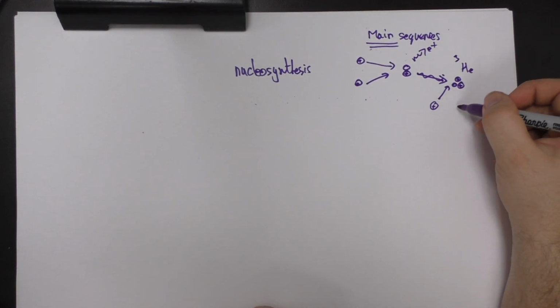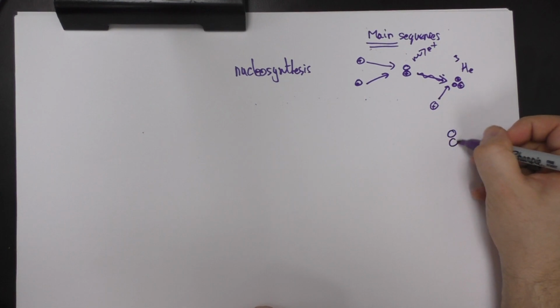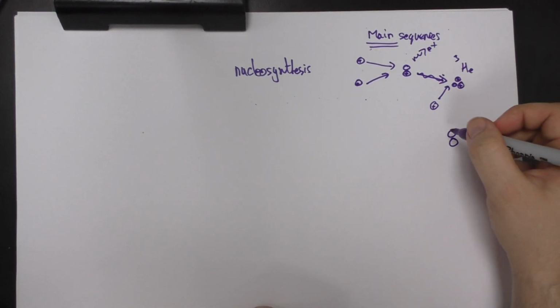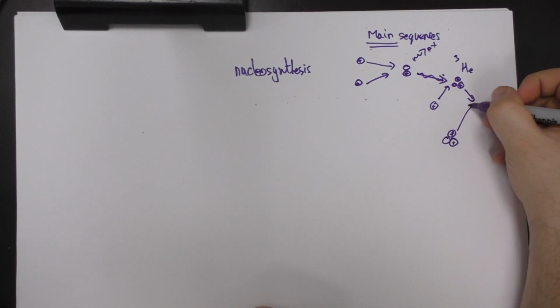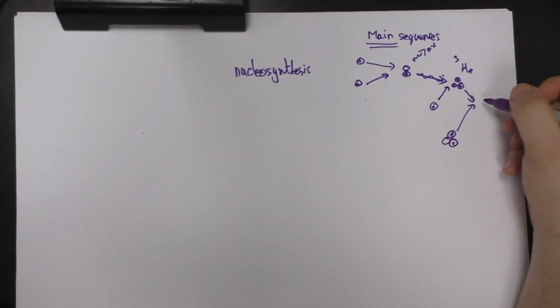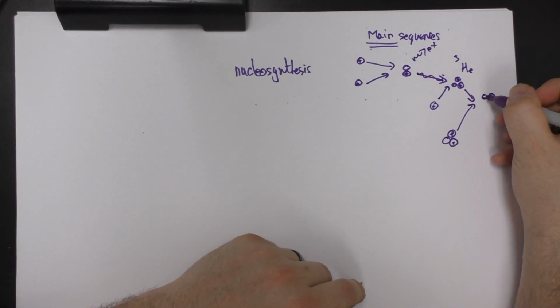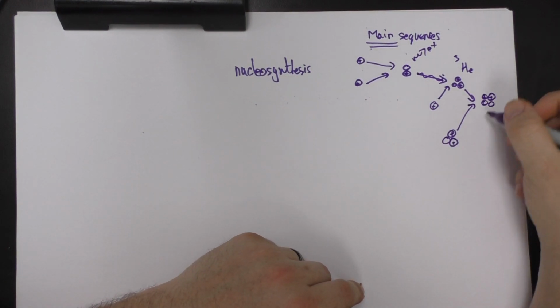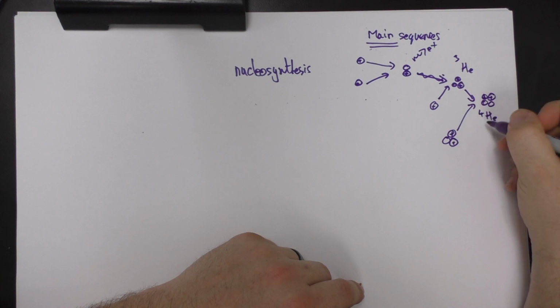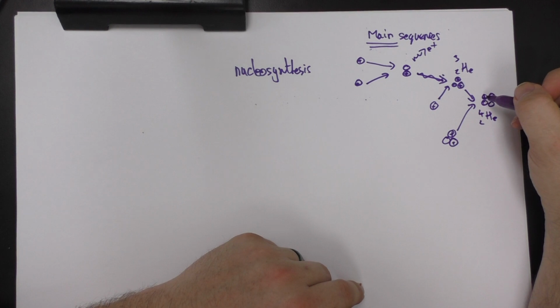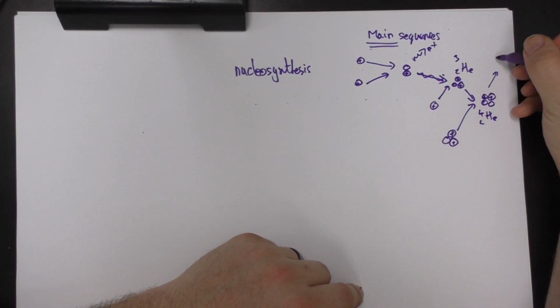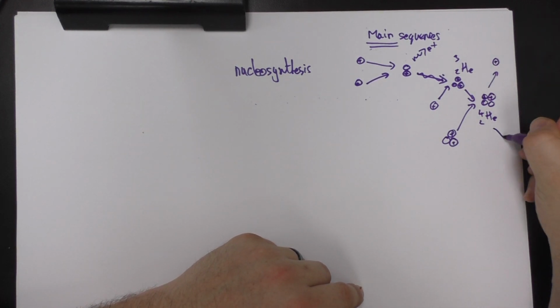And then we combine another helium-3 that's been made in this same process together with this one, and we give our standard helium-4. So that's the standard helium element there, and as a result of that interaction we actually give off two protons as well.